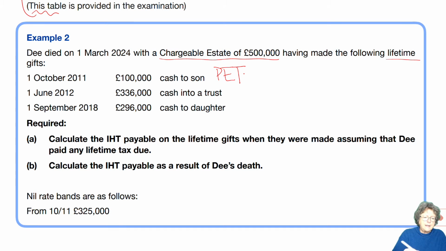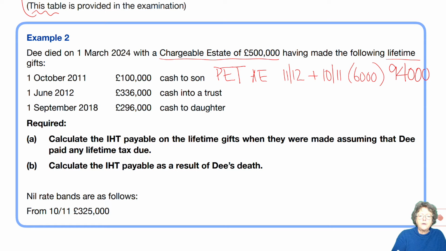It will have had annual exemptions deducted for the year in which this occurred, which is 11/12, and the previous year, because it's the first one, which is 10/11. So there's 6,000 come off that, which means the PET has a value of £94,000. There is no lifetime tax due on that because it's a potentially exempt transfer.